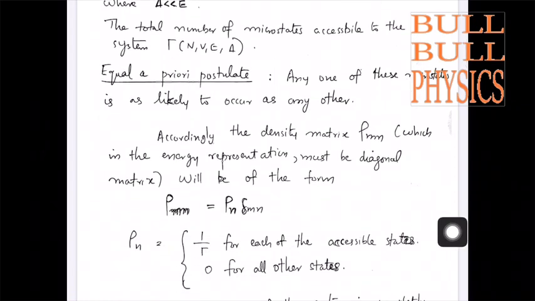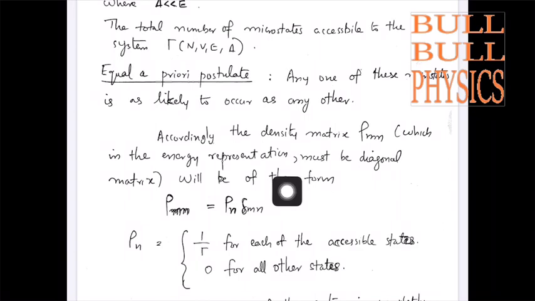Now, in quantum statistical mechanics, we talk in terms of the density matrix, which we saw, rho mn, which is diagonal in the energy representation. We have seen in the last class what the energy representation is.